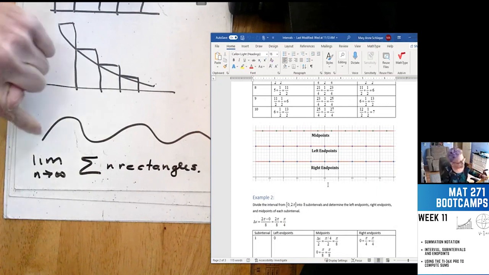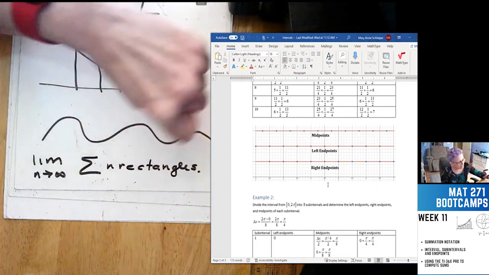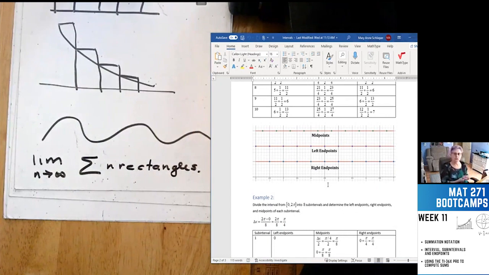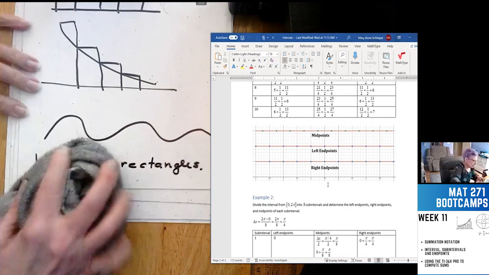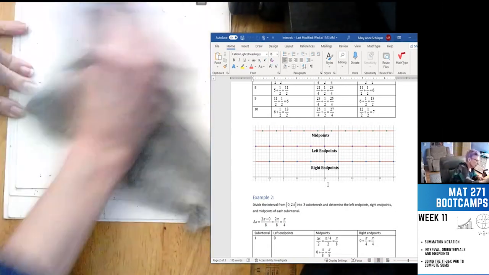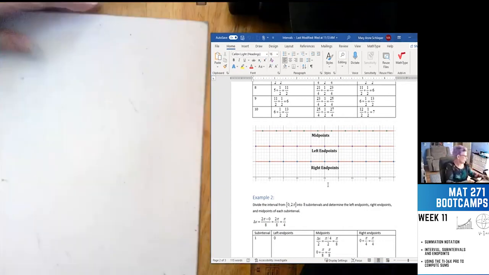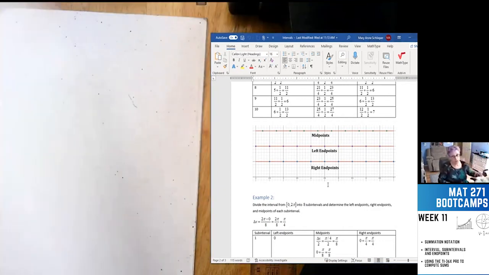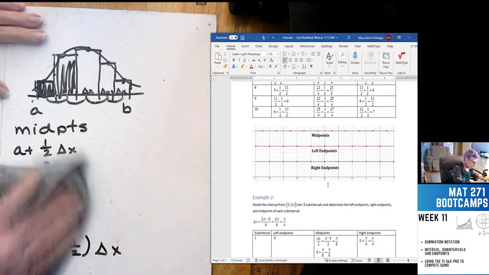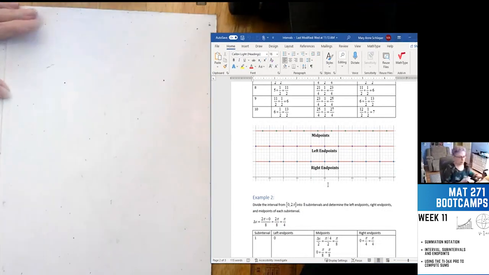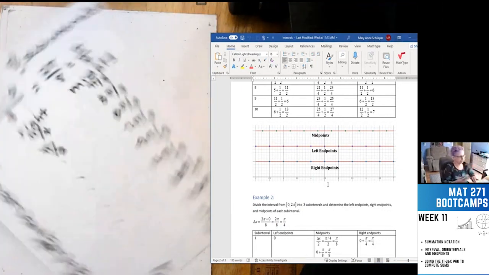So you'll be able to eventually figure out the exact area underneath those curves. You won't have to estimate anymore. Okay. That's when it gets fun, when you get to the fundamental theorem of calculus. But first you have to get through the Riemann sums and be able to estimate it. And the next thing I'm going to do is teach you how to do that using your calculator. So grab your calculator so we can play together.